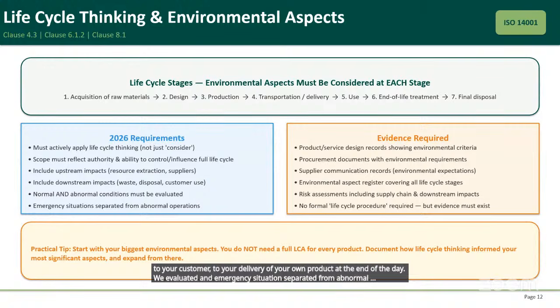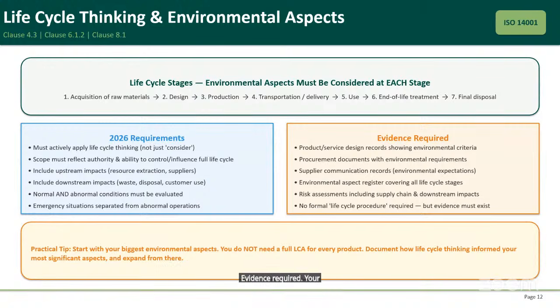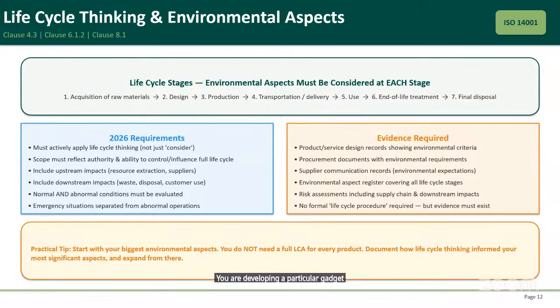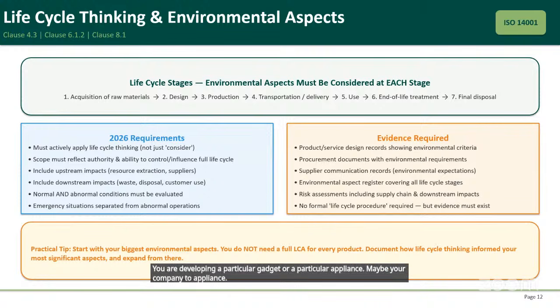Evidence required: your product and services records showing environmental criteria. When you are designing your product and services, do you put environmental consideration into it? You are developing a particular gadget or a particular appliance. Maybe your company is into appliances, producing electrical appliances.